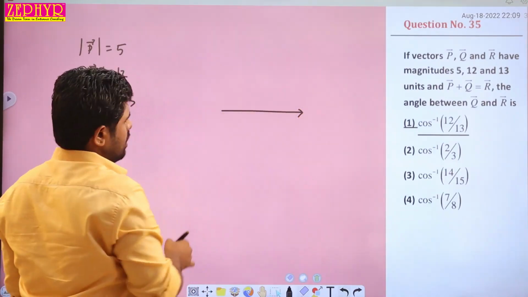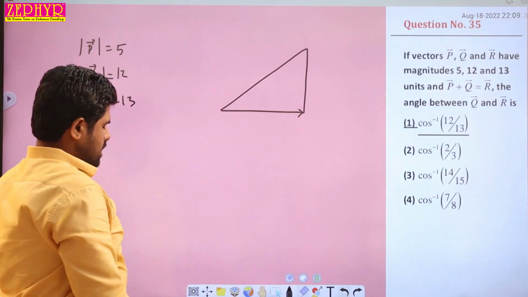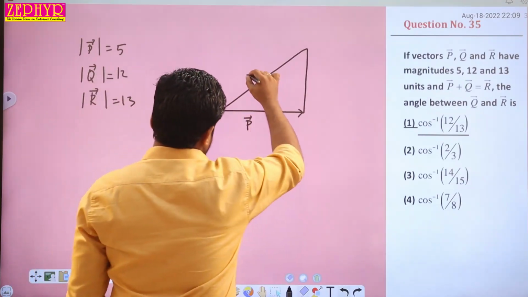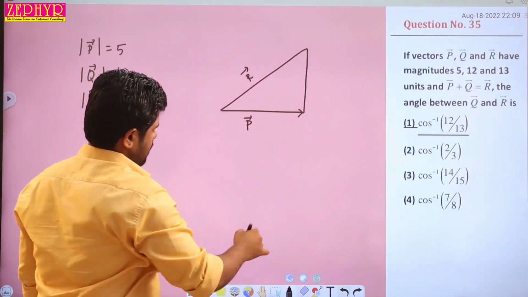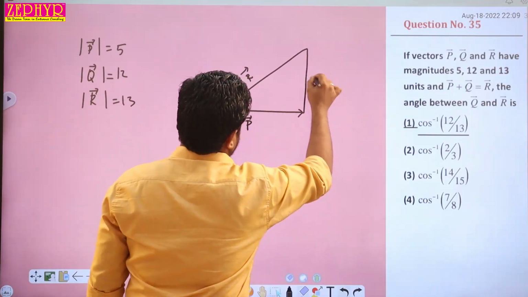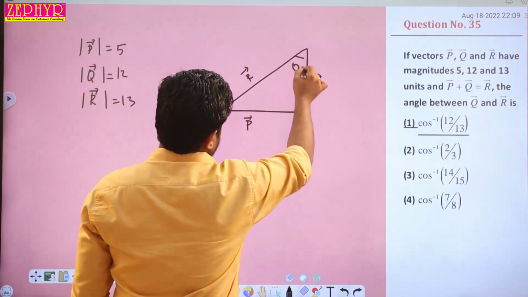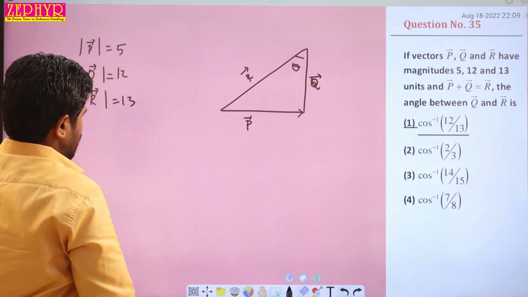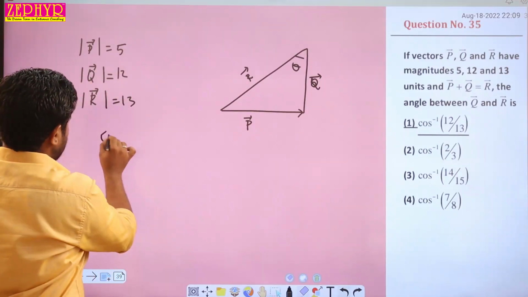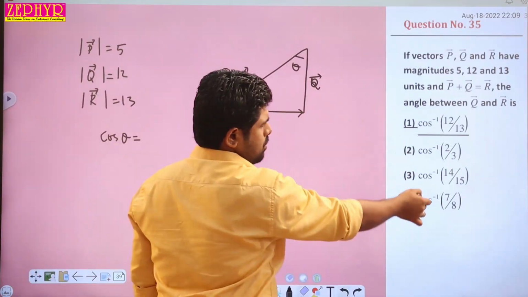just consider this one is a triangle, and this side is p vector, this side is r vector, and this side is q vector. Then the angle between them is equal to theta. So now cos theta is equal to, see, here all options are related to cos value.